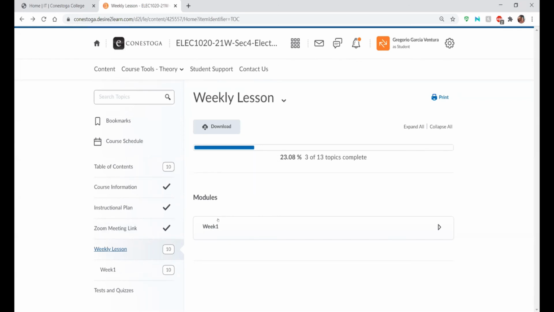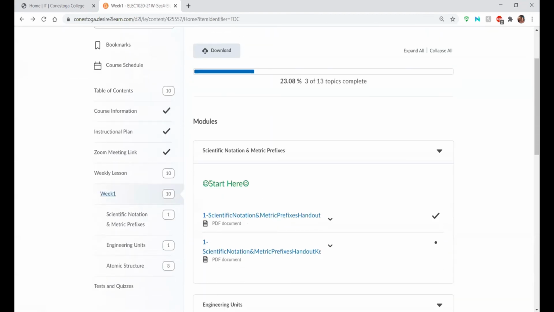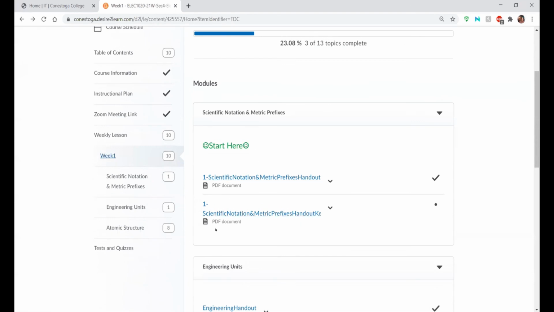Something else that I'm going to be doing just for today's lesson: you are going to see that we had a bunch of PDF documents, but going forward, I'm going to be putting everything within eConestoga itself, and I'm going to try to break it into smaller chunks, just to see if that makes it easier to learn.